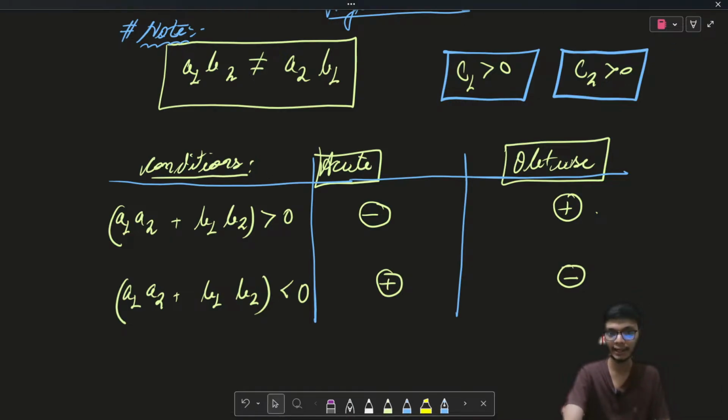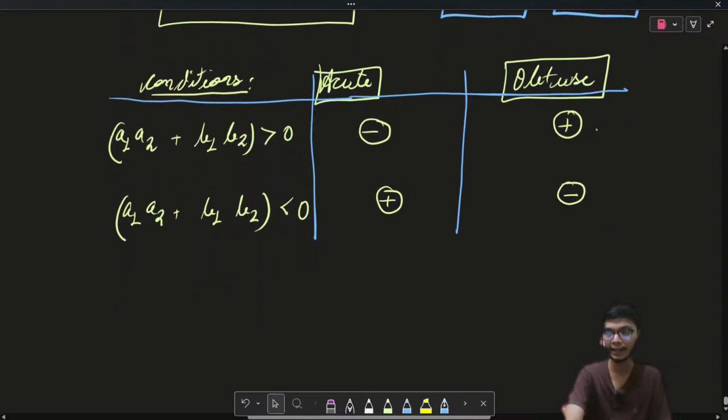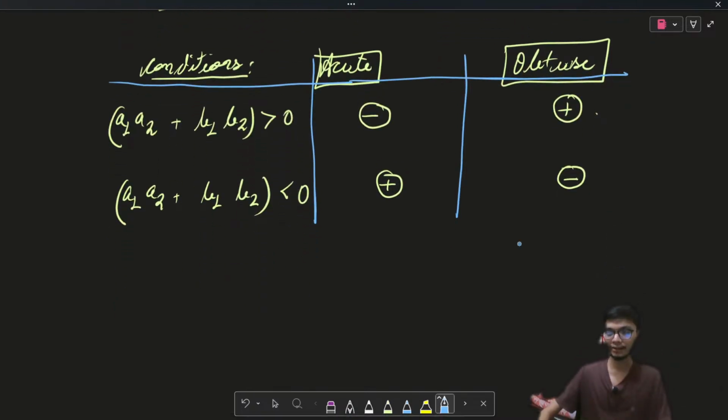Now please note that a line which is equally inclined to two given lines is parallel to the angle bisector of the given lines, right?